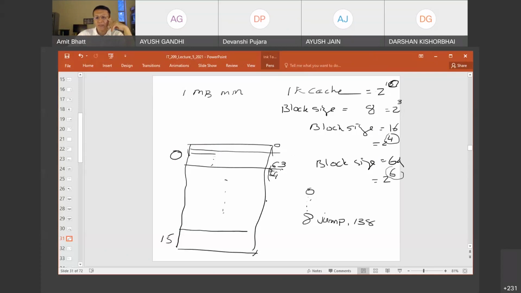What would be the next number? 127, right? So that would be the second block containing 64 words. And the third block would have 138 someplace over here.